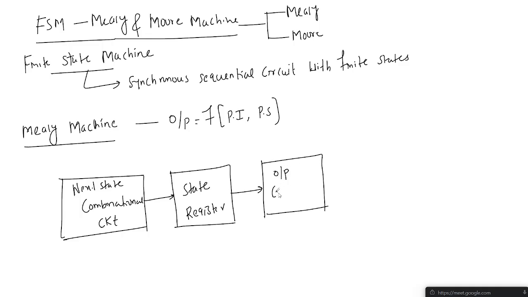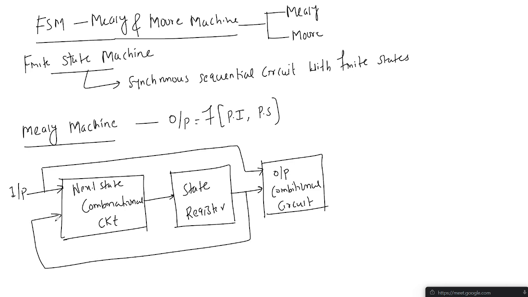Here you have the inputs, and the input is connected to the output combinational circuit. The feedback is given to the input. A clock is given to the state register. So the output is a function of present inputs as well as present state.